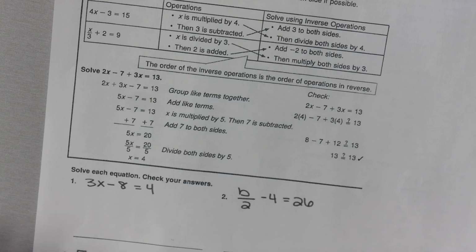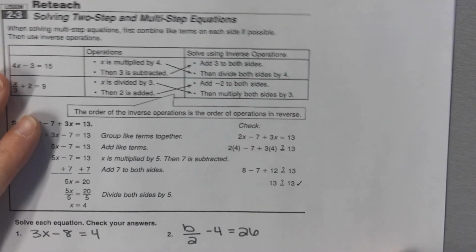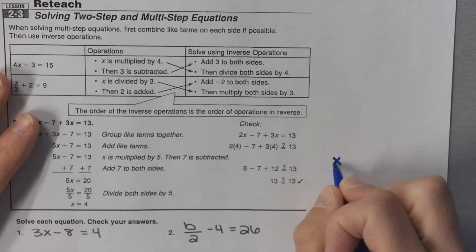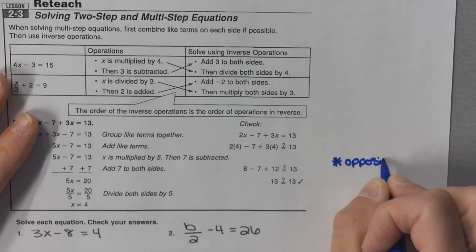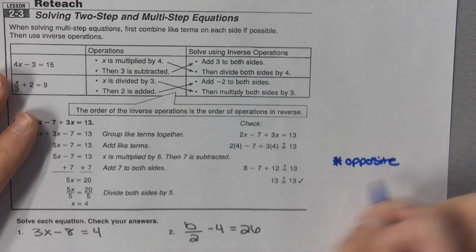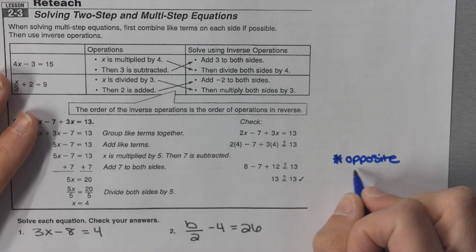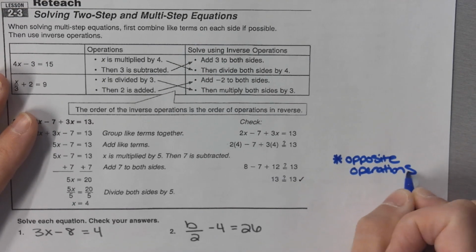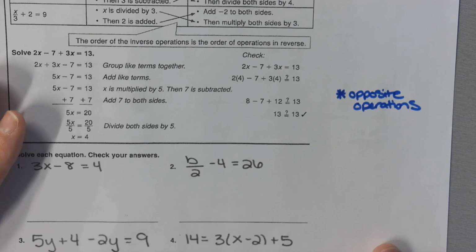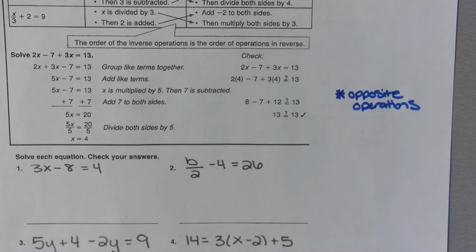Okay, so let's put some friendly reminders off to the side. First friendly reminder is to do opposite operations. Meaning, if you have something that is being added, the opposite would be to subtract it.